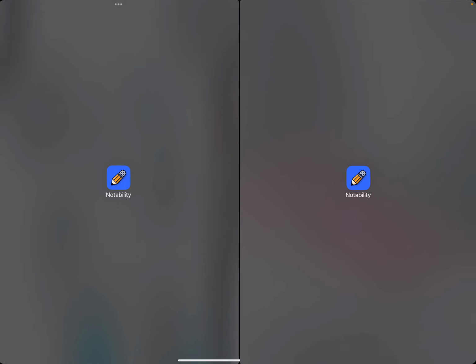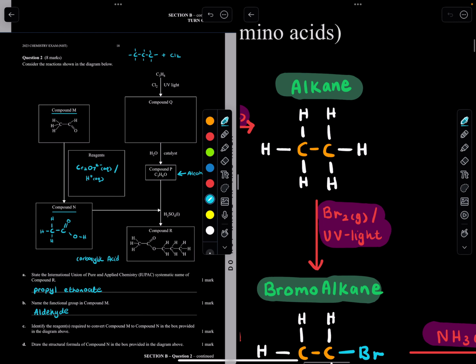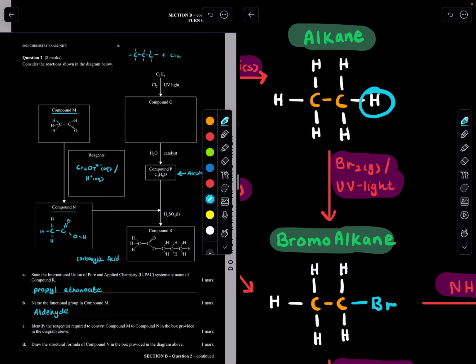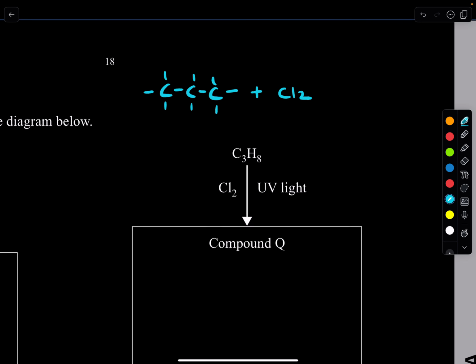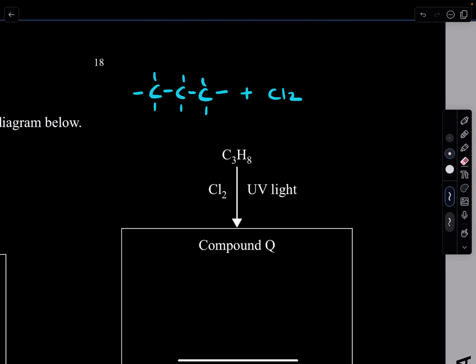So looking at my reaction pathways, we have an alkane, and you can see that reacting with, for example, bromine gas, but we're still reacting with UV light. So it's the same as chlorine basically. And what happens is basically one of the hydrogens just gets replaced with one of the chlorines. So it is a substitution reaction, because we're not adding all of it. Look at this.